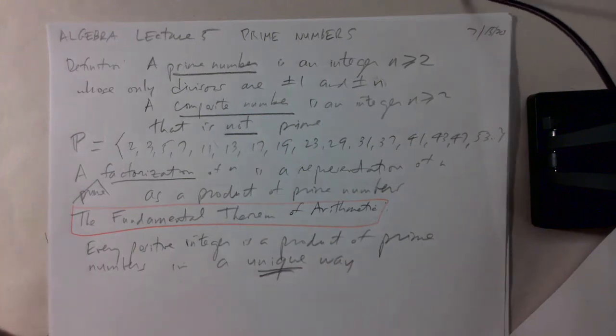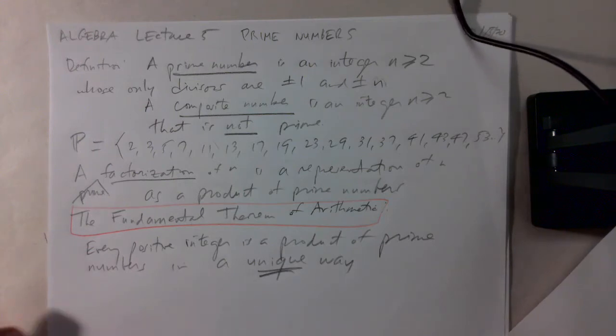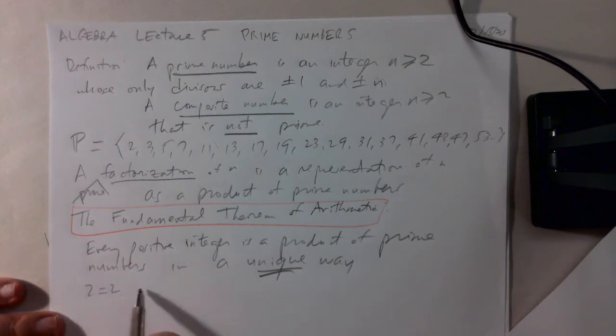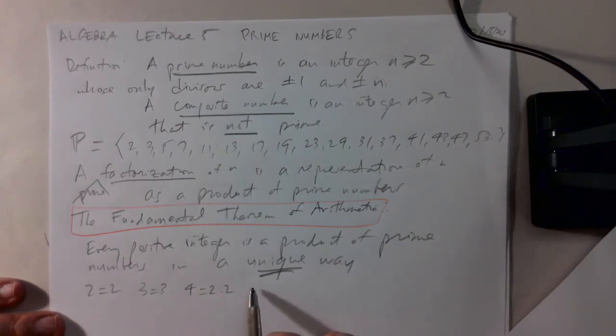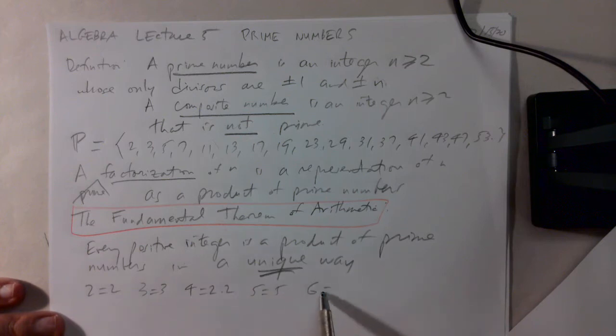So if we start to write the integers as products of primes, 2 is 2. It's a product of 1 prime. 3 is 3. 4 is 2 times 2. 5 is 5. 6 is 2 times 3.